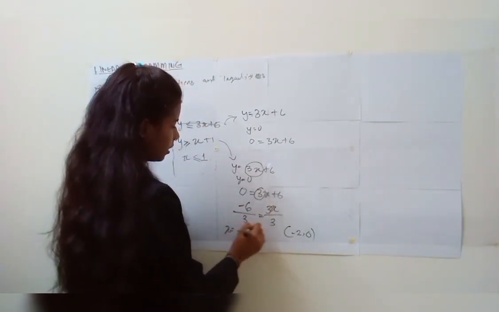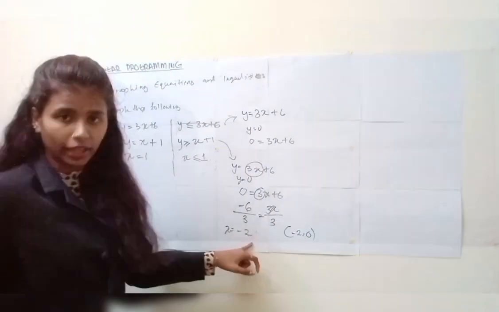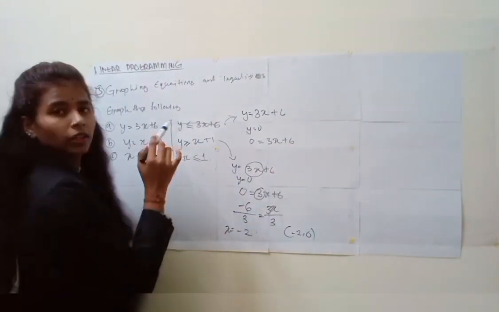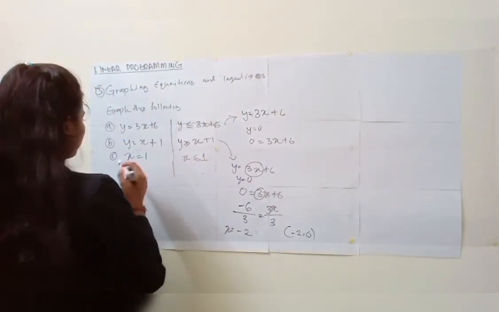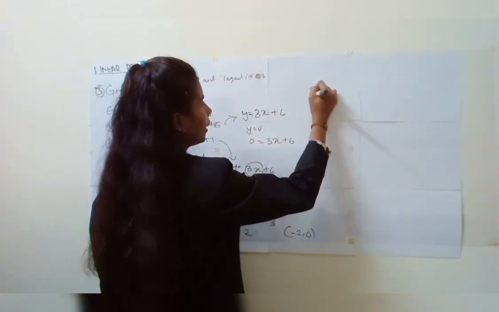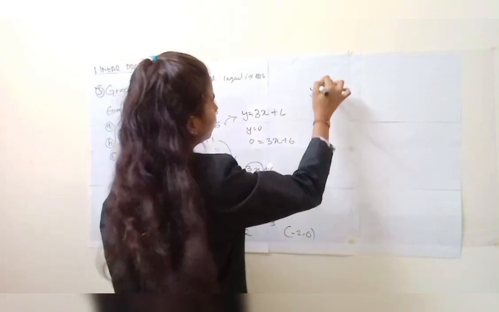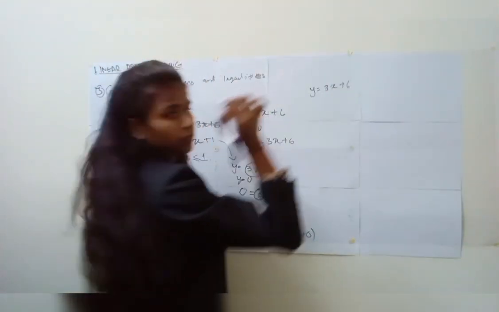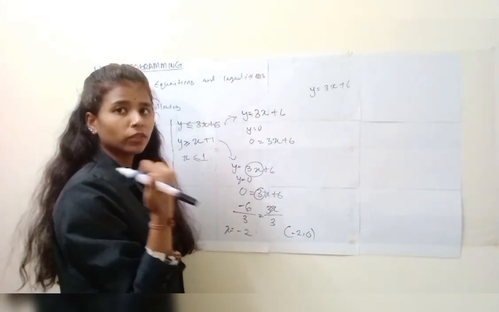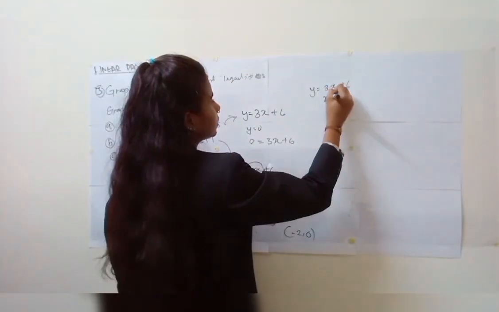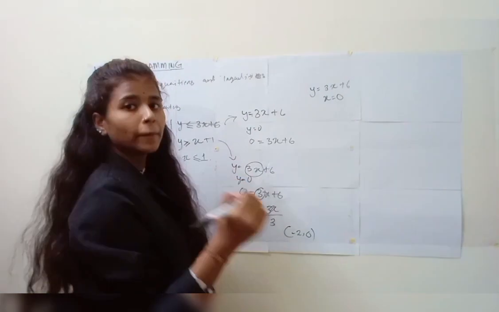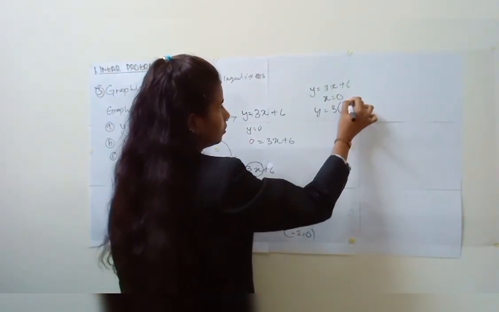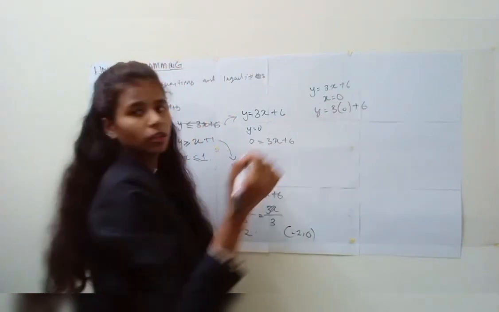So this one is value of x. And then we must do the third one. y equals to 3x plus 6. The solution for this one is x equals to 0, and then y is 3 times 0 plus 6.